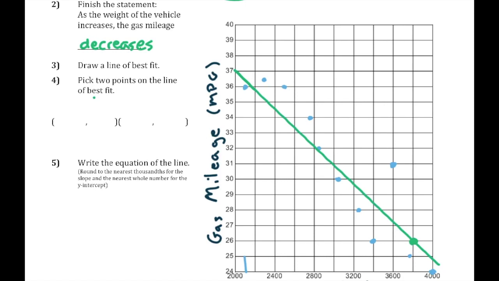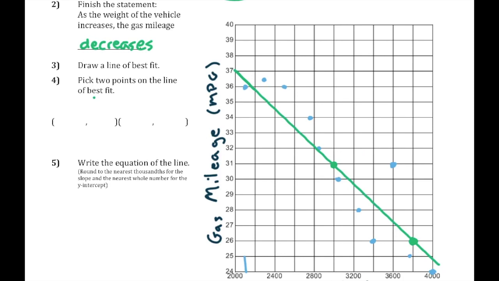And you can see down in the bottom right, this one crossed nicely, so that's going to be one of my 2 points. As I go up, my lines are not perfect, okay? I don't have a straight line tool, but my next one is going to be this point here that I just marked. And so I just need to find the x and y value of each point, and then I'm going to write it to the left of my graph.